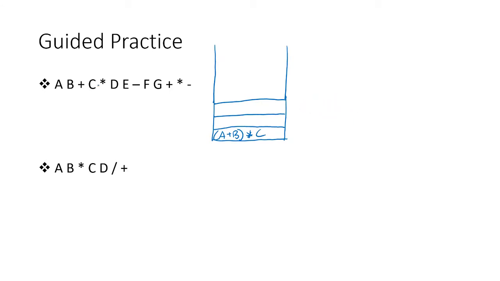Alright, keep going. I have a D, push on an E, then I push on a subtraction. Okay, operator, so I'm going to pop that off, pop off the E, pop off the D, and push that D minus E back on. Right here.